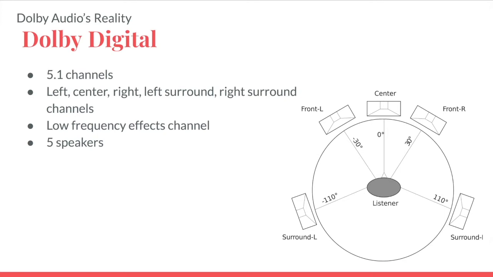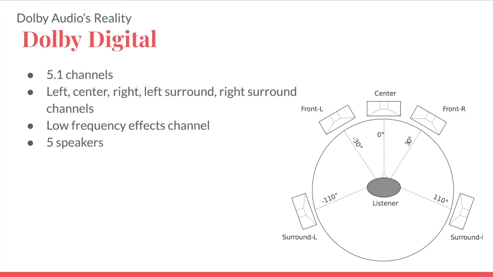The low frequency effects channel processes low frequency audio signals, and it occupies 1/10 of the bandwidth of each of the other channels. Therefore, it needs 5 speakers to process.